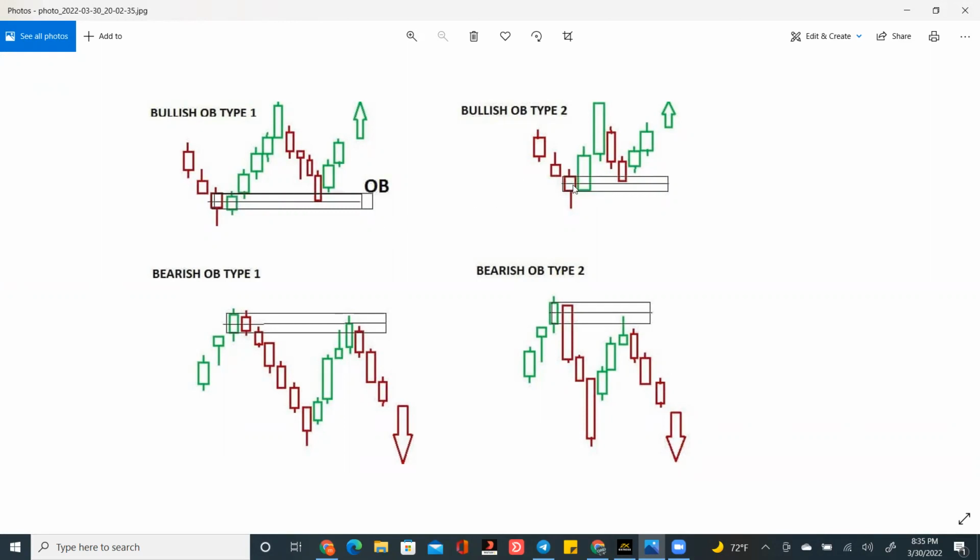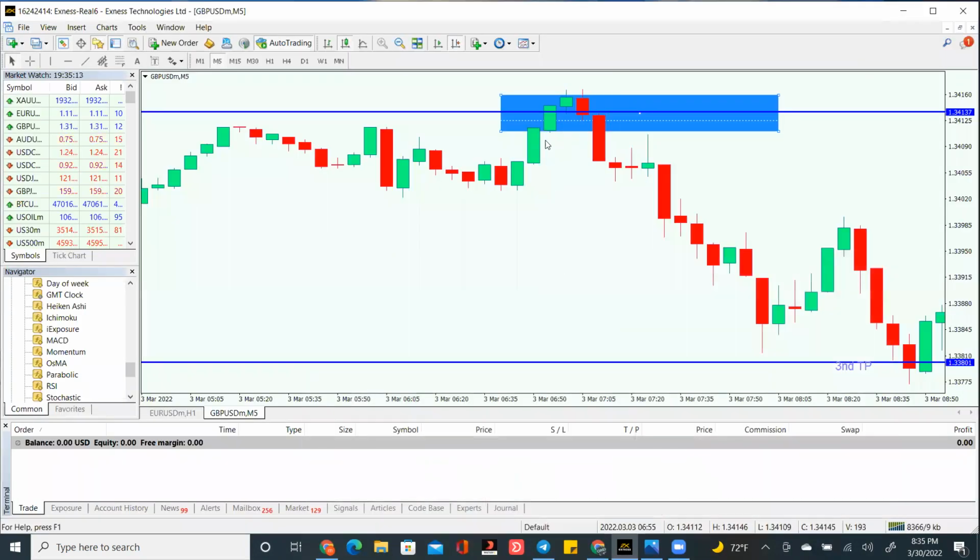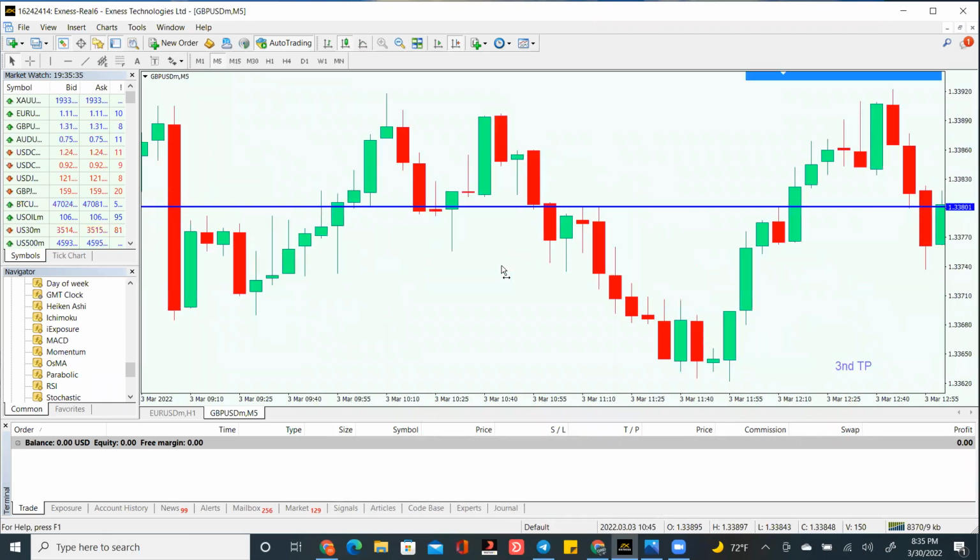If this one is too small, it can be 2. Let's see it here. If this one is too small, you can take 2 like this. It comes small to get there and it reverses. This is a good place to enter. Once it's going up, you can put this one here and enter the market from there.